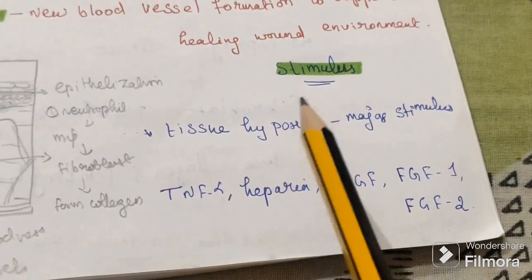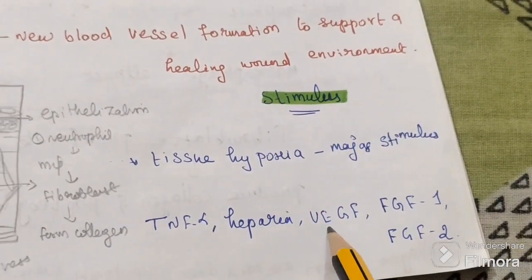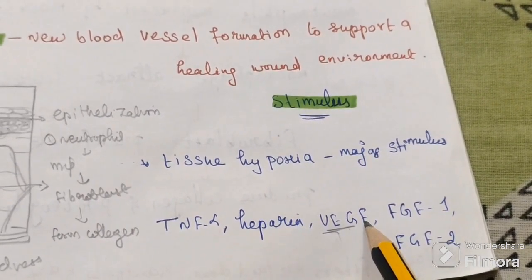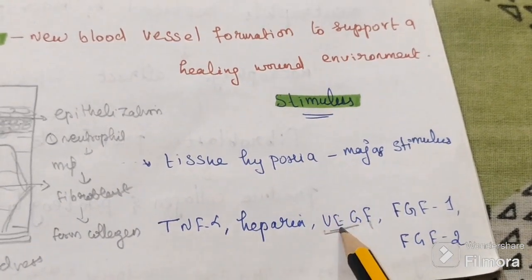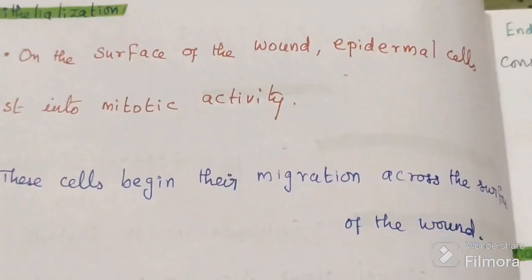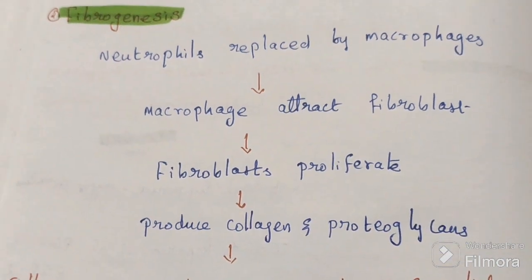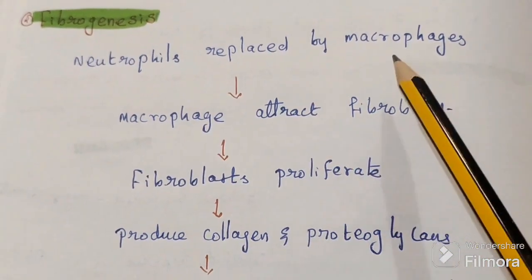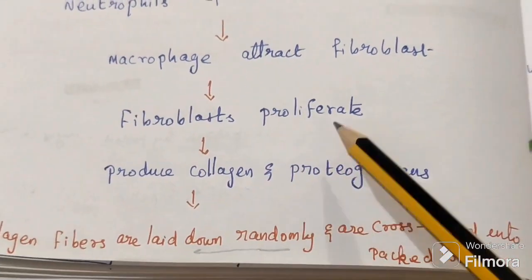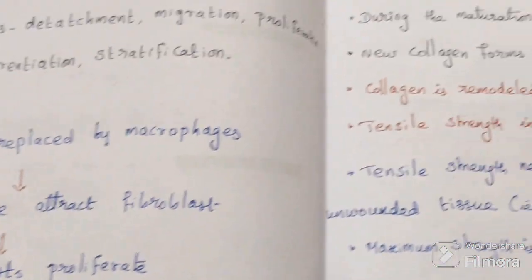The main stimulus is VEGF, vascular endothelial growth factor, the important stimulus. So neutrophils are replaced by macrophages, then fibroblasts, then fibroblasts produce a random laydown of collagen.